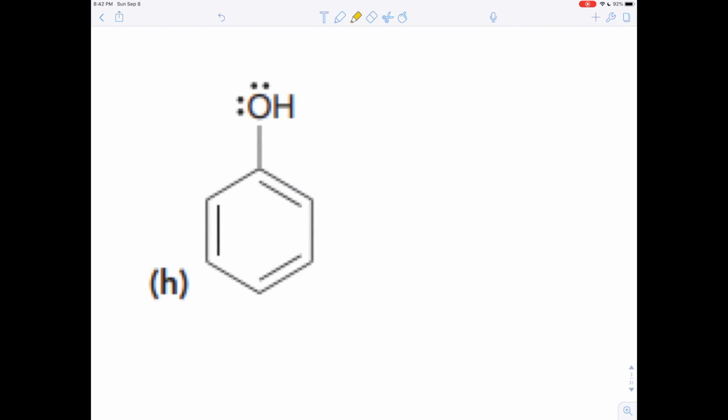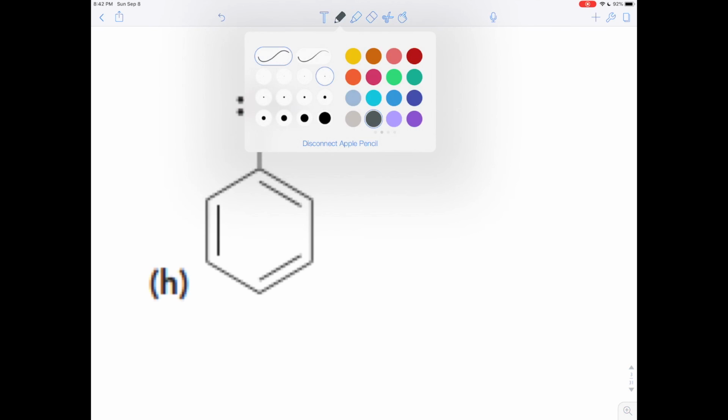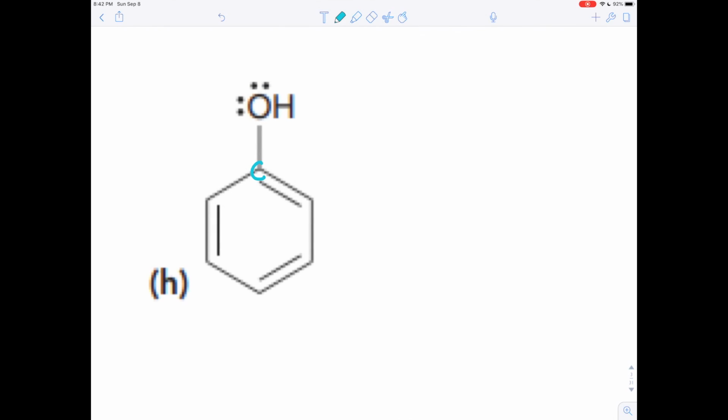Okay, with H, so the corner is a carbon, so 1, 2, 3, 4, 5, 6 carbons here. Starting with this top one, that carbon has 1, 2, 3, 4 bonds drawn explicitly, and so it doesn't need any hydrogens around it. Notice that none of these carbons have a formal charge. We don't see any pluses or minuses anywhere.